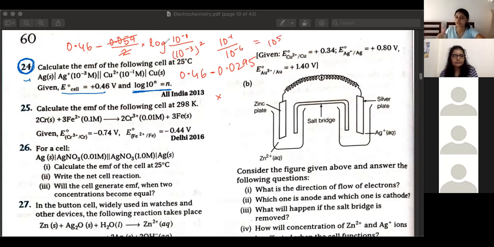So the answer will be 5. Yes, ma'am. That's exactly what I did. Okay. So 0.46 minus... What is the answer of this multiplication? 0.1475. Yeah, ma'am, that's exactly what I did. 0.46 minus, yeah, miss, I got the same answer, 0.1475.